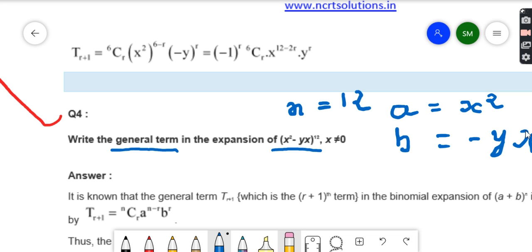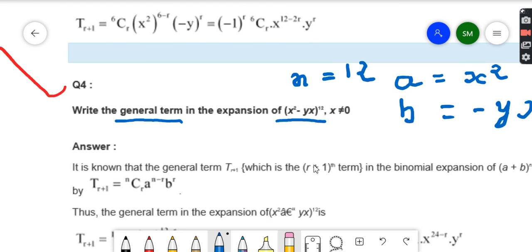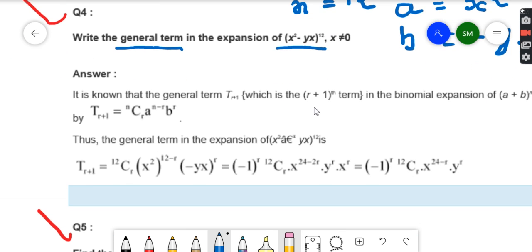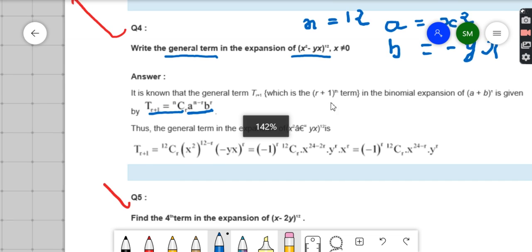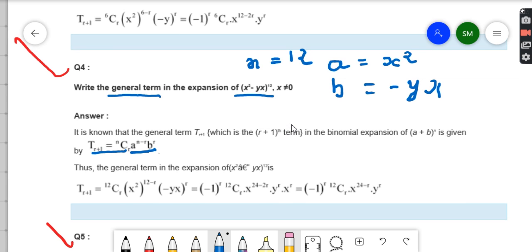Just replace all the values in the standard formula that I already explained. Tr plus 1, ncr, a raised to n minus r, b raised to r. Replace all the values of a, b and n.